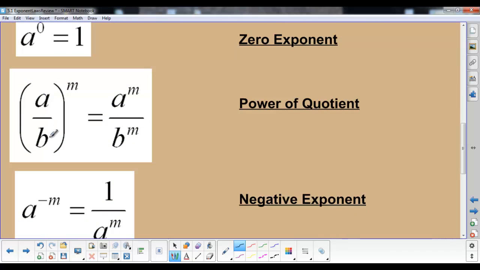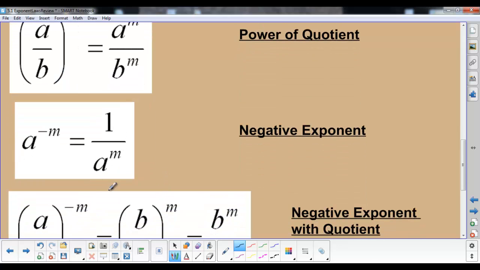Power of a quotient, so if you have a fraction, the exponent on the outside is applied to both the numerator and the denominator. And negative exponents basically change your base going from the numerator to the denominator, and it works vice versa. So if you had, let's say, 1 over a to the power of negative m, well, that negative exponent brings it up to the numerator.